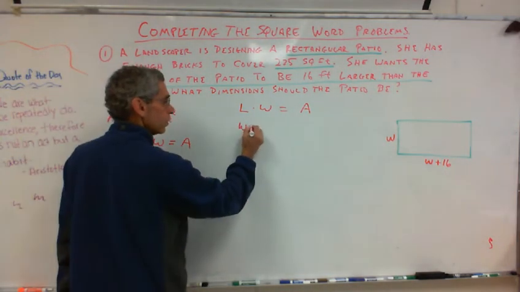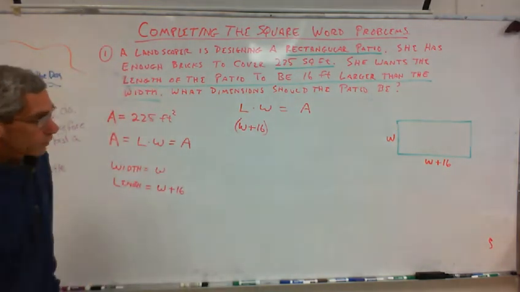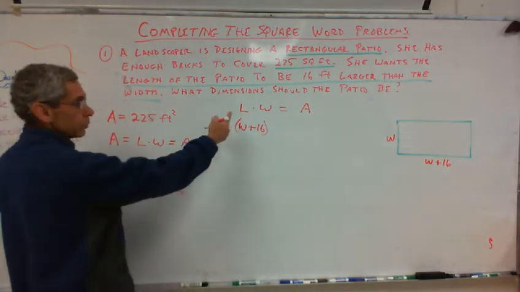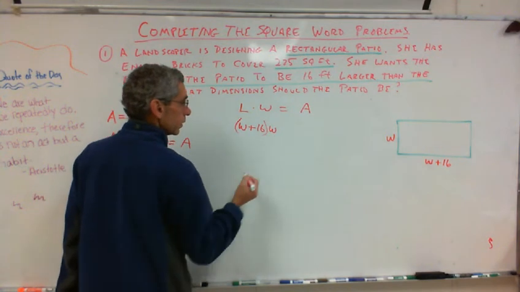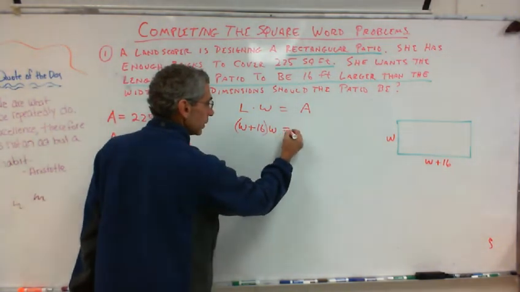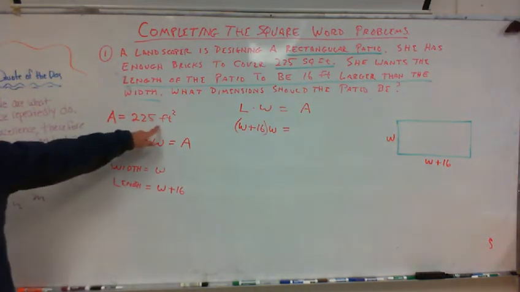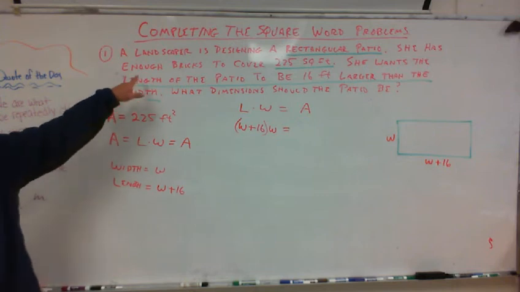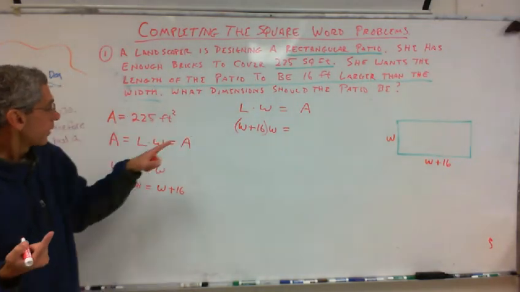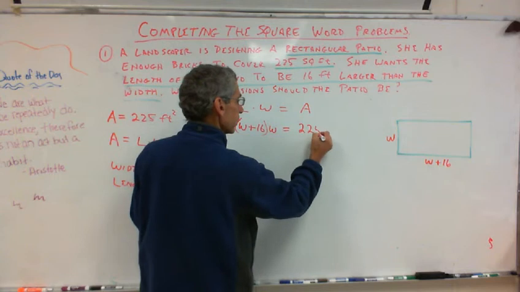So I'm going to put W plus 16 in parentheses. And then my width is W, and I'm multiplying it, so I'll just put the W right next to it. And then it says equals, what's my area? Here it says I have enough bricks to cover that much area, so I've got to have 225 right here.